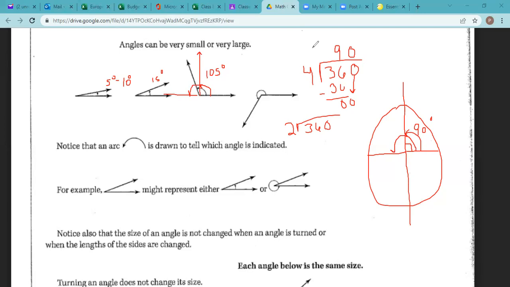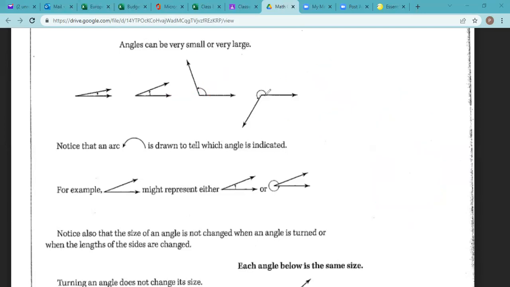Let's look at the last one. Let's say that we start over here and this is our 0 degree. We know that here's our line if we were to do 180 degrees. But let's look at our figure again when it comes to dividing it into 4 pieces.